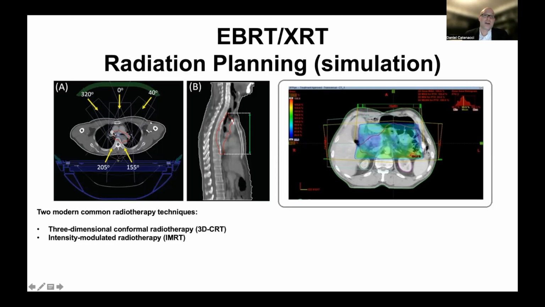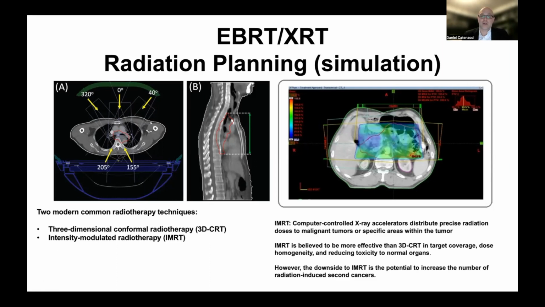And so by doing this type of three-dimensional planning, the radiation dose where all of these rays converge would be highest. IMRT is computer-controlled X-ray accelerators that distribute precise radiation doses to malignant tumors or specific areas within the tumor. And so it's believed to be maybe a little bit more effective, although it has not been compared directly that often to 3D conformal radiotherapy.